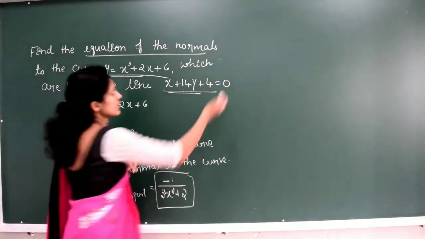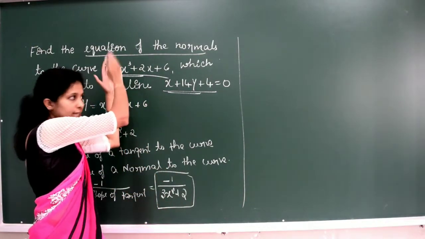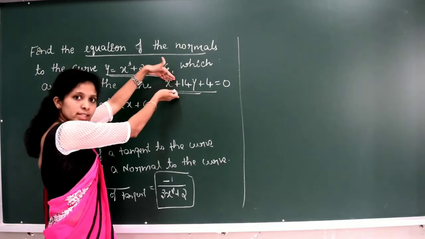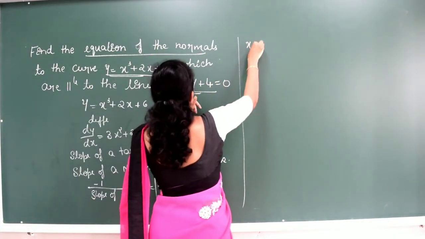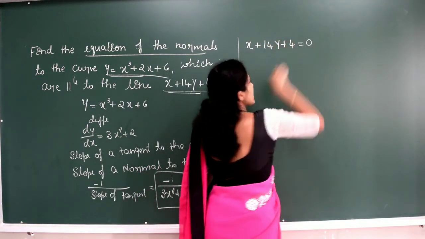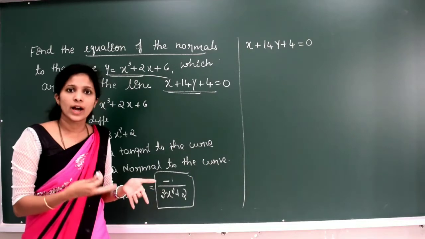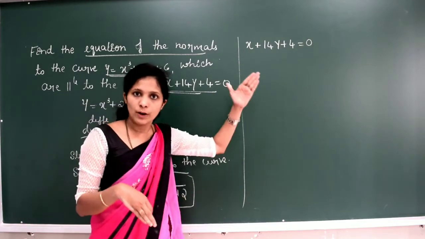Now one more thing is given. The normal is parallel to this line. By using this, we can find the slope, right? So it is given that x plus 14y plus 4 is equal to 0. Now if I use the form y is equal to mx plus c, then m will be the slope of the given line.